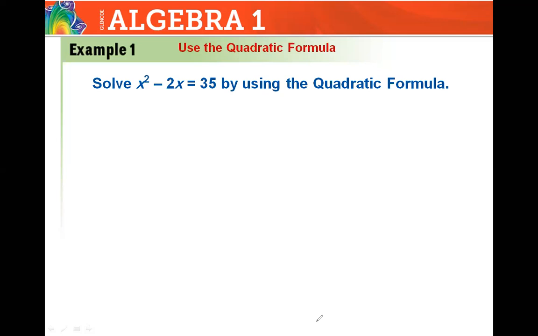Bassami, the equation here is equal to 35. I need to remove 35. Is 35 positive or negative? It's positive, so I write negative 35 on this side and negative 35 on the other side, because I need the equation equal to 0. So this is the first step.